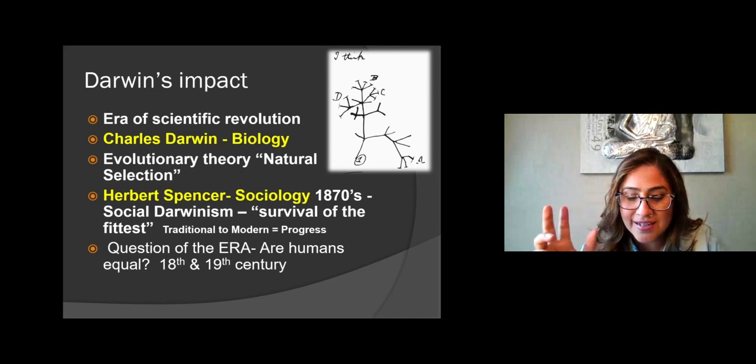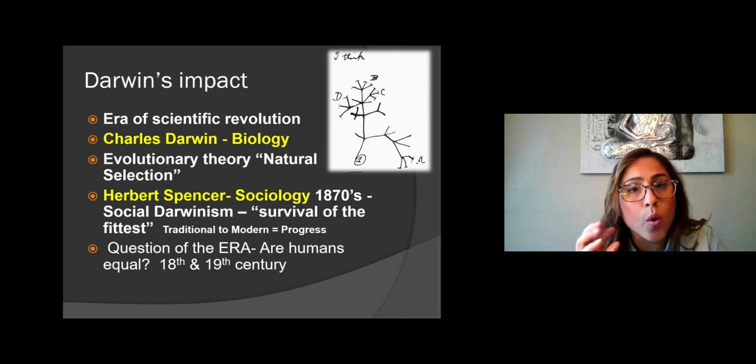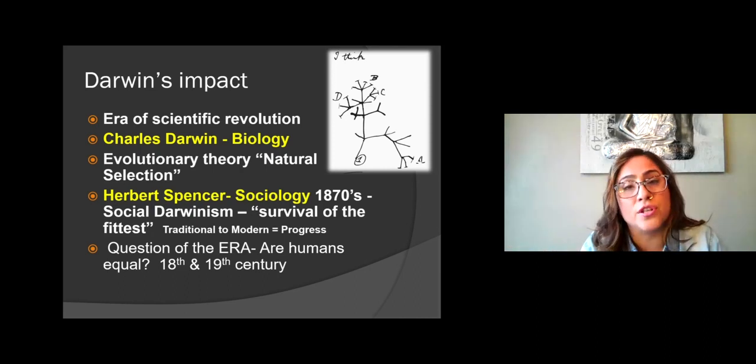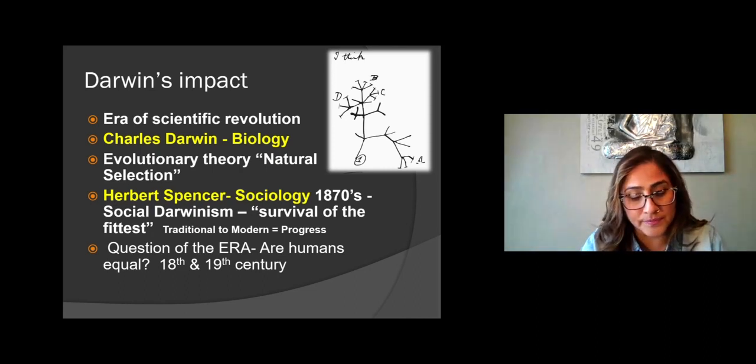So Darwin's idea of natural selection is looking at how species, how organisms reproduce, and they reproduce in order to improve their adaptation to their environment.